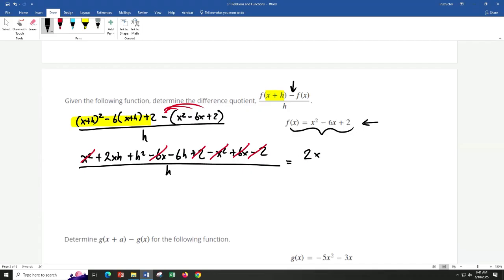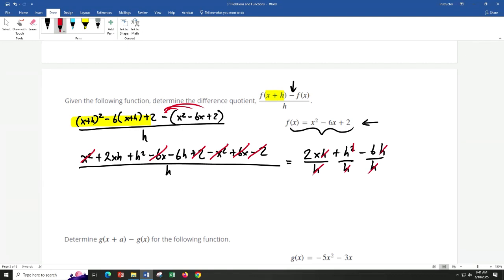I have 2xh plus h squared minus 6h, but realize I can put every single one of these with that h. Remember, when you have the same denominator, you can do what? Split that denominator up into each one, and then go, hey, how about I get rid of that h there? How about I get rid of this h? And then how about I get rid of that h?